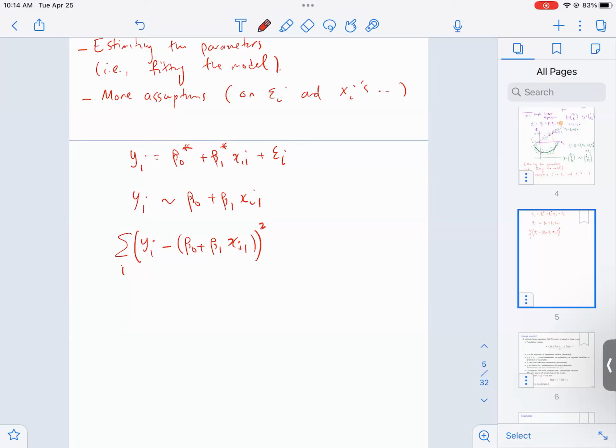The one people often call the linear regression fit, the usual ordinary least squares, is the one that minimizes this. The beta 0 and beta 1 that you get as the solution is called ordinary least squares, OLS.